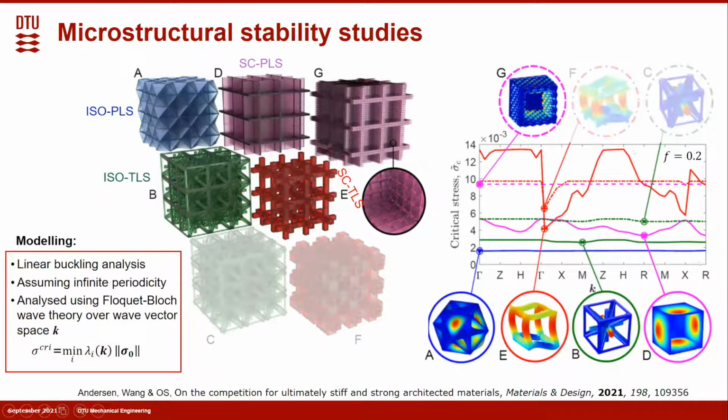This image shows the band diagrams for different microstructures, and this dot shows the corresponding critical buckling point, which means the lowest one is the material buckling strength. Together with the critical buckling mode profile, we can see from this plot that the second hierarchical simple cubic plate has the highest buckling strength, and different microstructures have different buckling strengths.